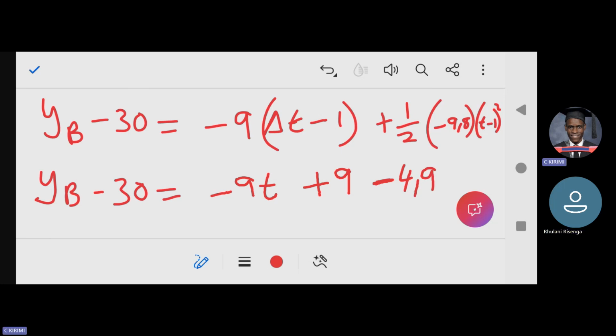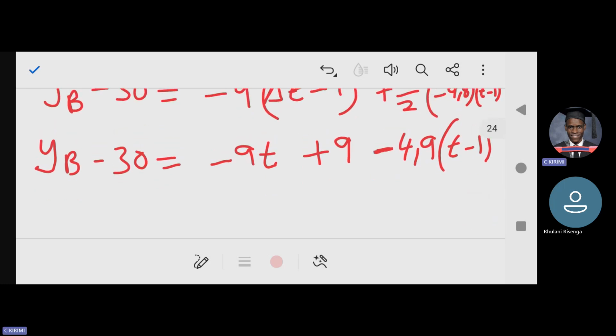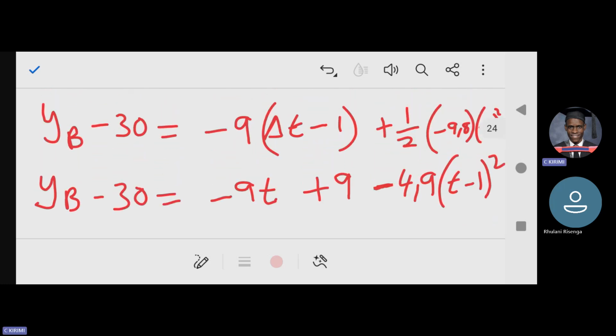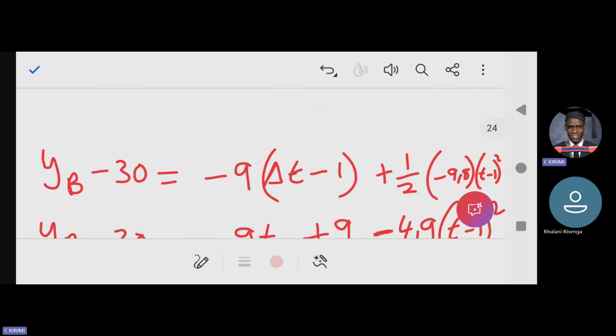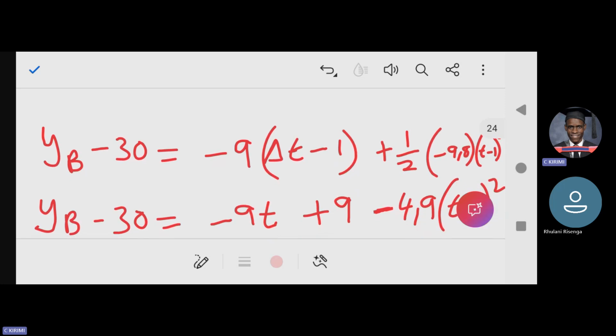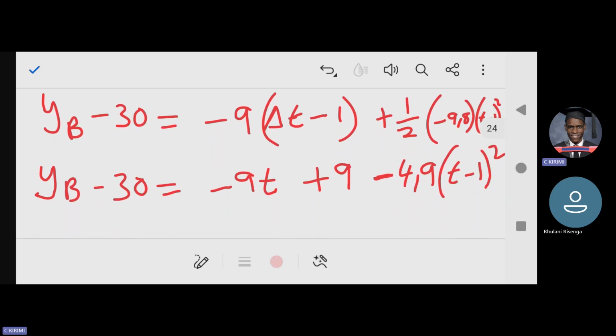But it's not delta t squared. It's negative 4.9 bracket t minus 1 squared. Can you see it? Because that t is inside the bracket, t minus 1. This one is just delta t, that one is delta t minus 1.